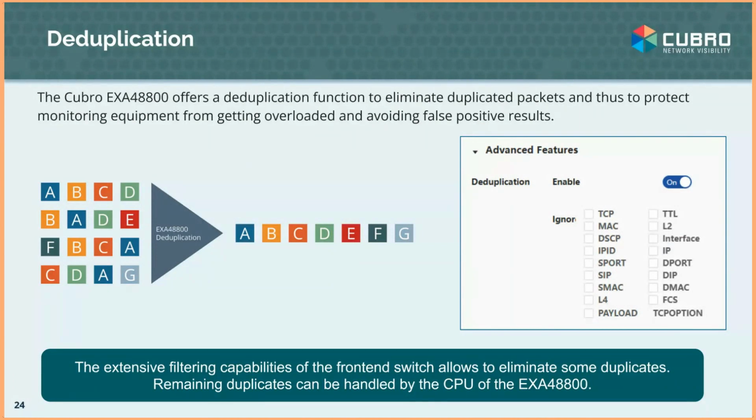Deduplication can do it, because it will look into the packet. It will really check the packet, not only the header, but also the payload if we want that. Also, sometimes duplicates are no duplicates. What does that mean? Very often you get the same packet, and I mean payload, but it's coming from two different entities.